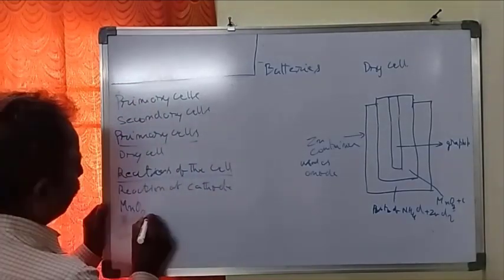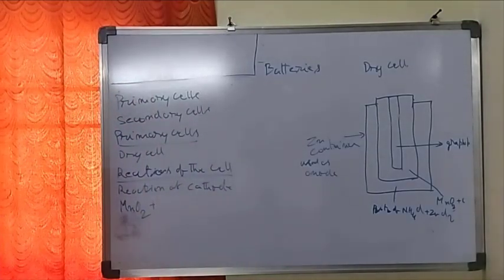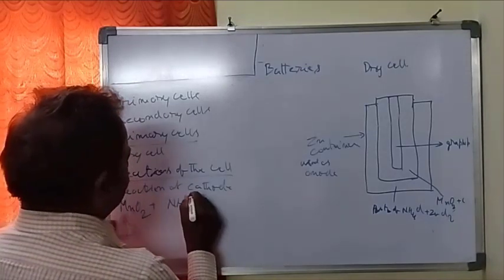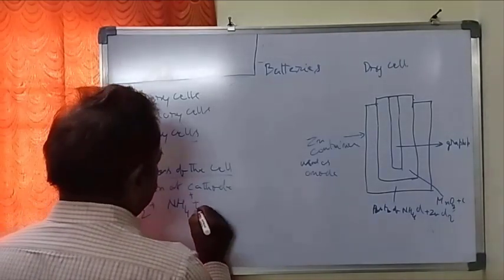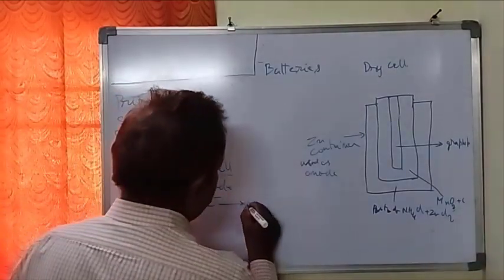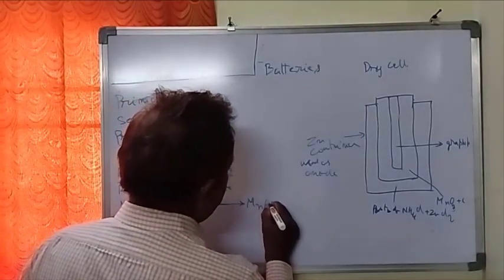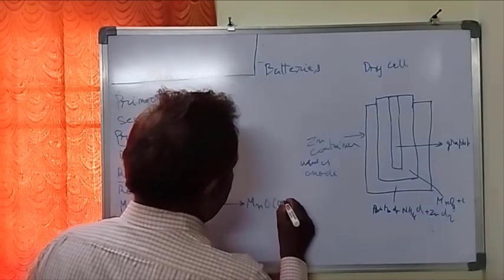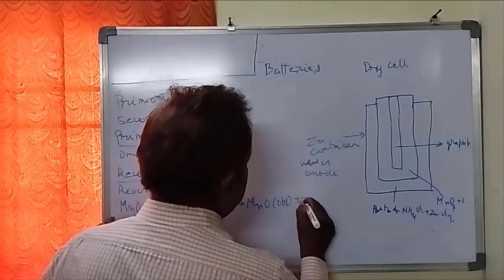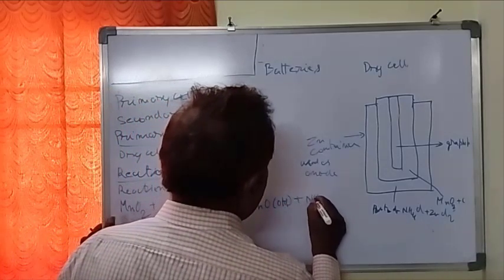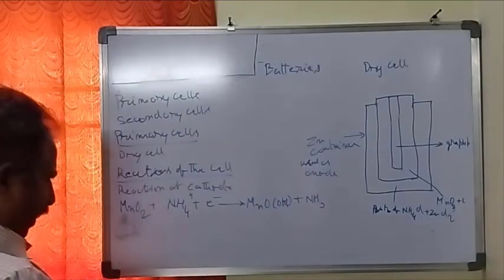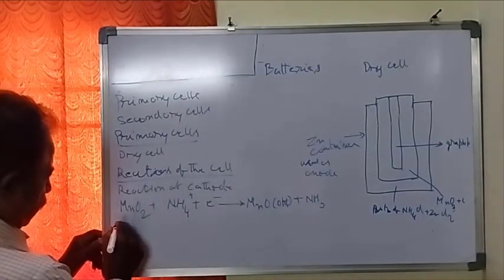At cathode, MnO2 manganese oxide plus NH4+ plus electron, we get manganese hydroxy oxide plus NH3. Ammonia gas is released.